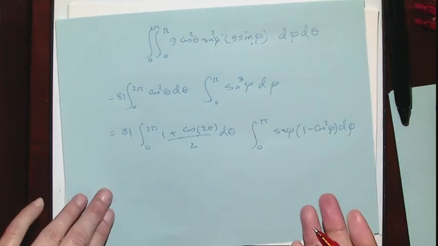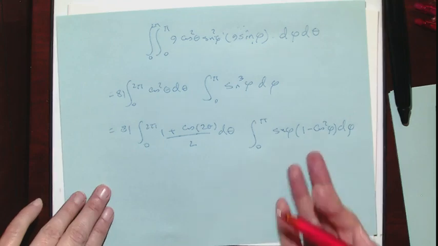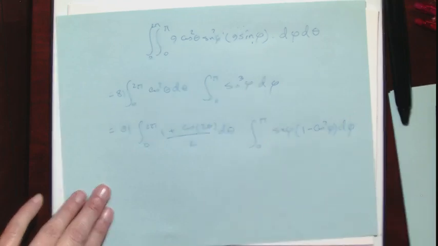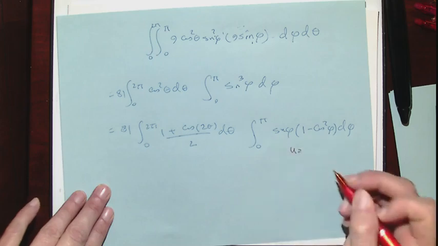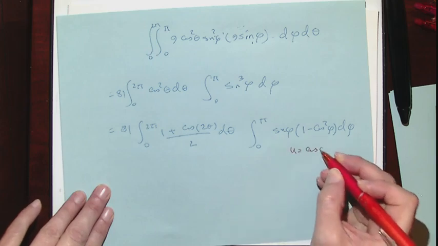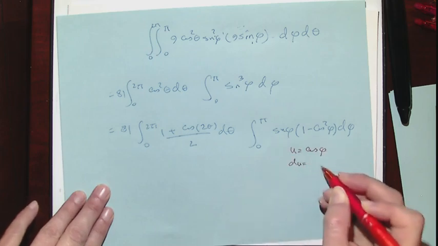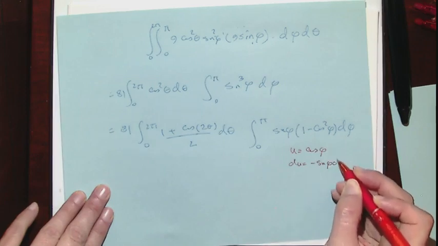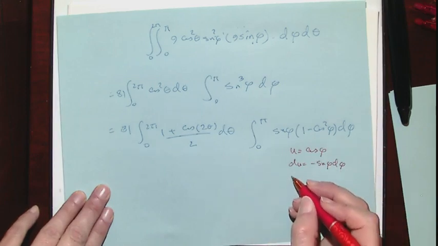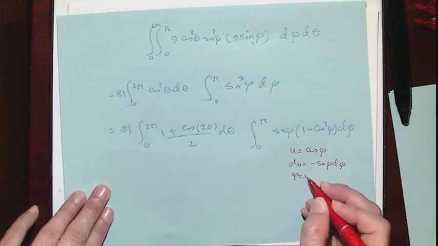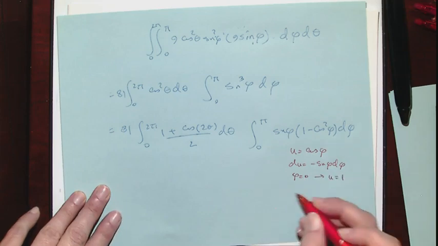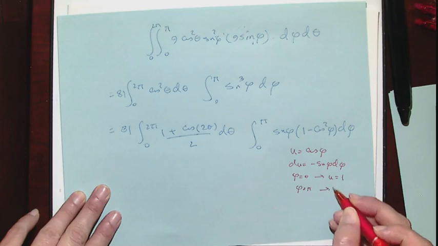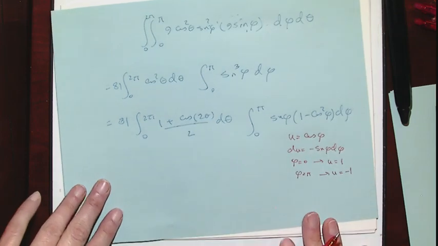Why did I write it that way? Because that's the only way I have to basically make it into a U substitution. What U substitution? U equal to cosine of phi, du equal to negative sine of phi d phi. If phi is equal to 0, u is equal to 1, phi equal to pi, u equal to negative 1.